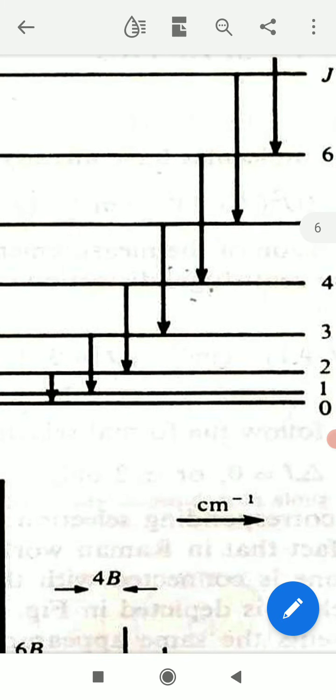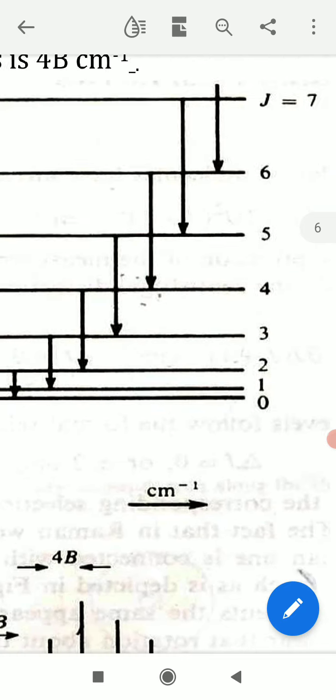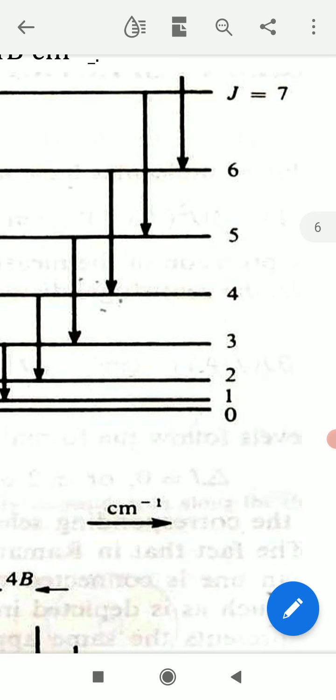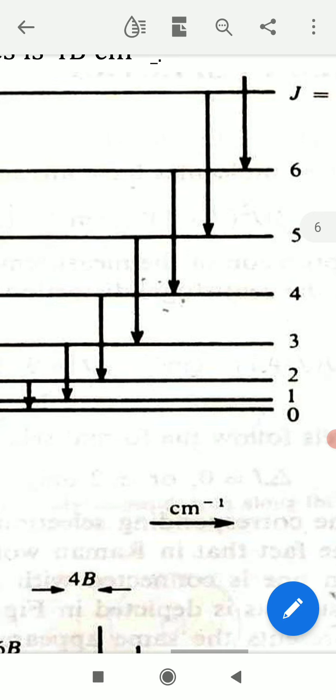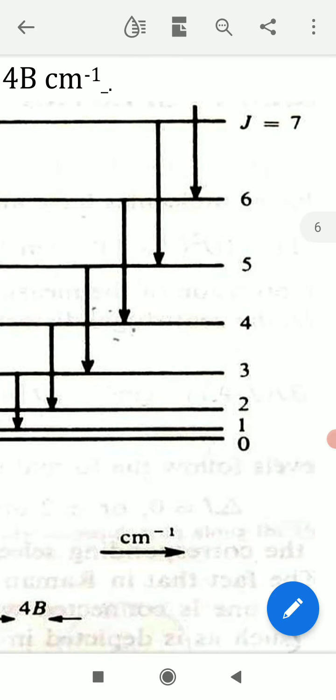We see as value of J increases, rotational energy increases, and this difference between two energy levels also increases, which is shown in this figure. The difference between energy levels for J equal to 0 and 1 is smallest, and as J increases, this difference in energy levels increases continuously.